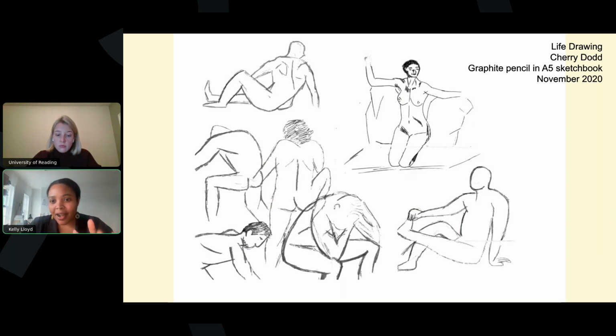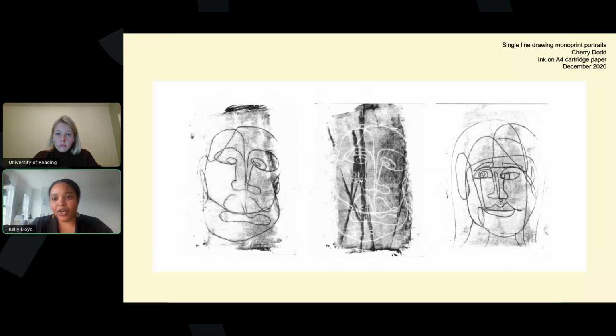So here, Cherry is working with monoprint portraits, and is, again, just really demonstrating an interest not only in drawing broadly, but character design drawing, and how that is different from drawing using different kinds of printmaking techniques.